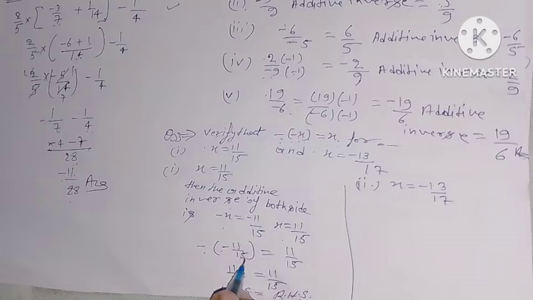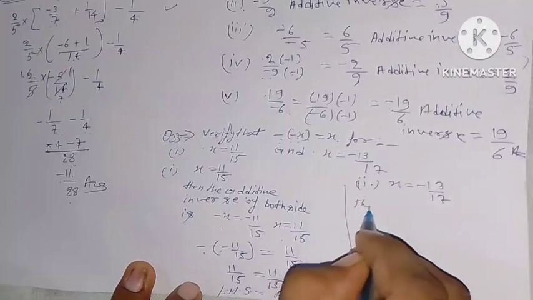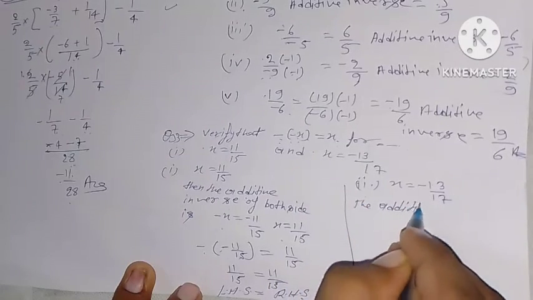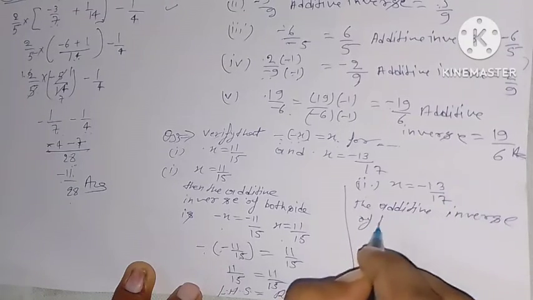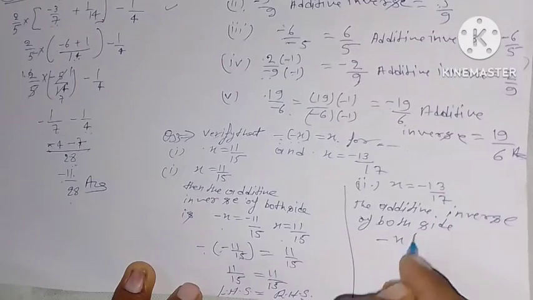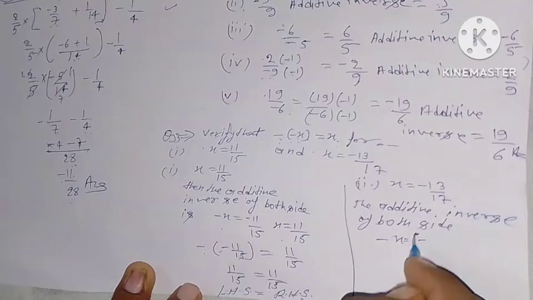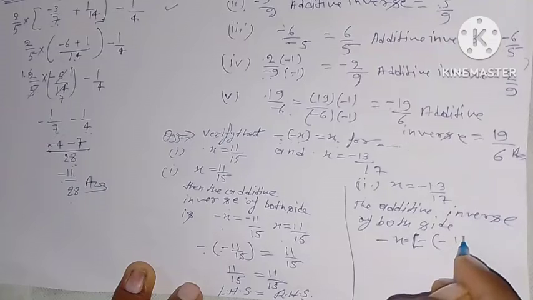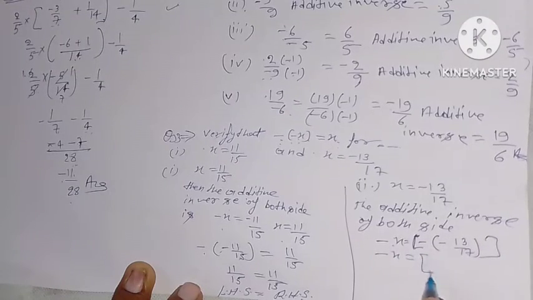The additive inverse of both sides is minus x equals minus 13 upon 17. Only the sign is changed, okay? Then minus x equals plus 13 upon 17.